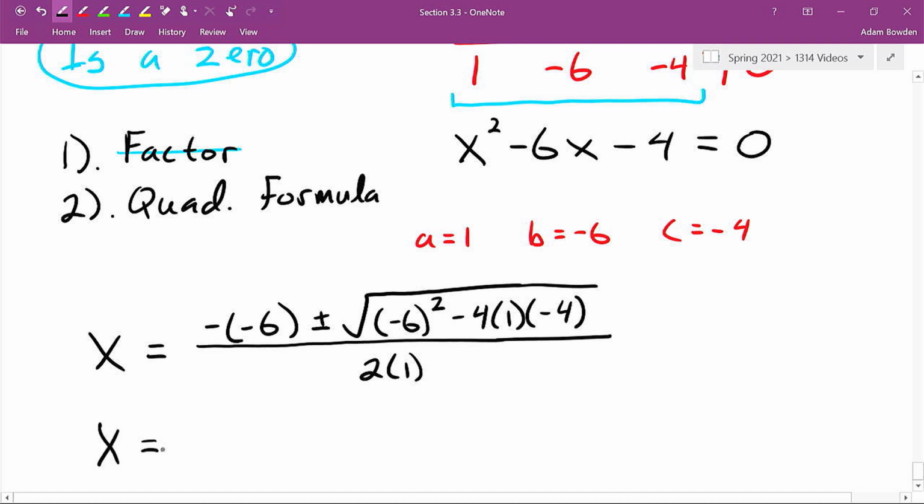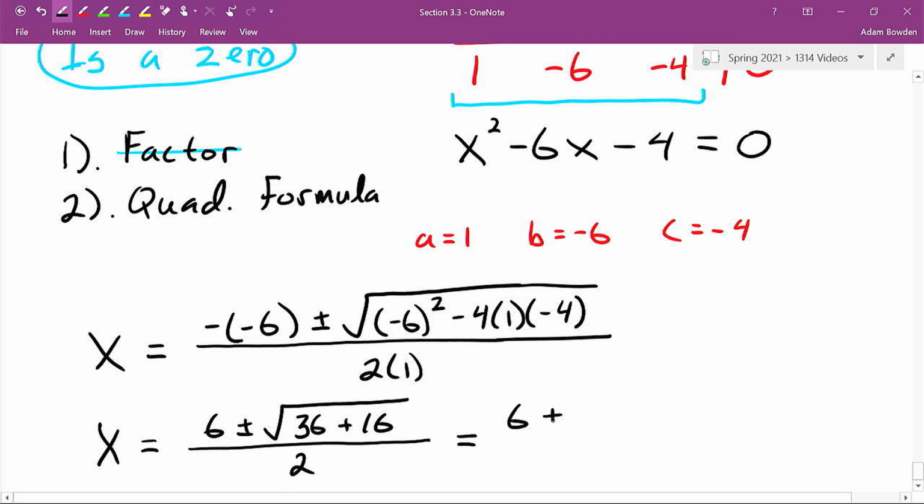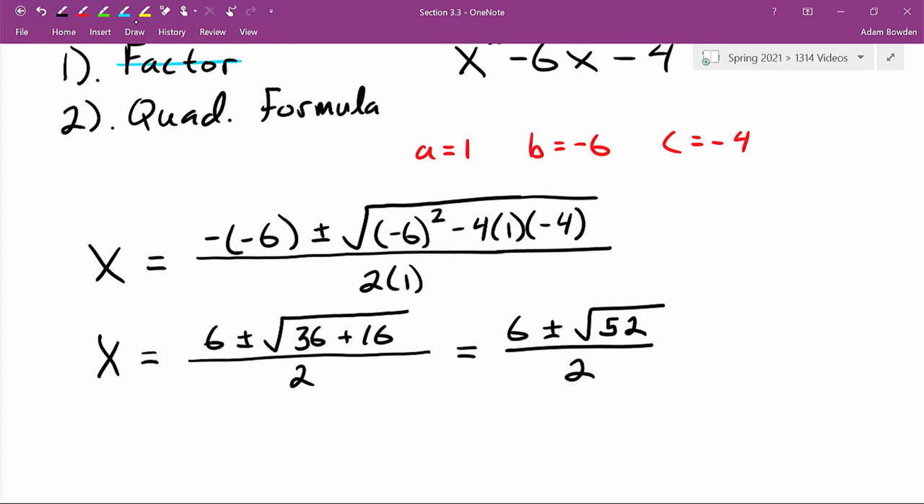This will calculate and we'll get 6 plus or minus the square root of 36 plus 16 all over 2. And so we'll get 6 plus or minus the square root of 52 all over 2. So we've pretty well solved. The only thing that I'm doing now is just simplifying.